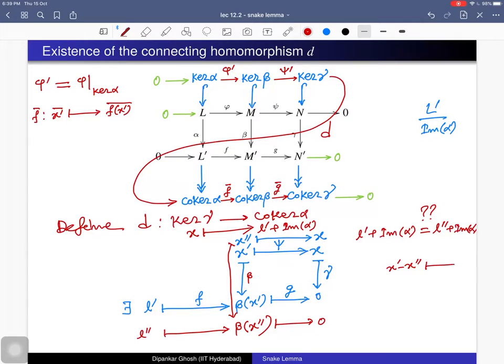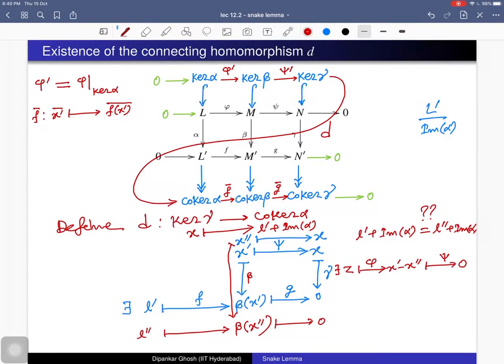So this element is going to 0 via the map psi. And since this sequence is exact, something in the kernel of psi should be in the image of phi. So there exists some element z whose image is this difference via phi.